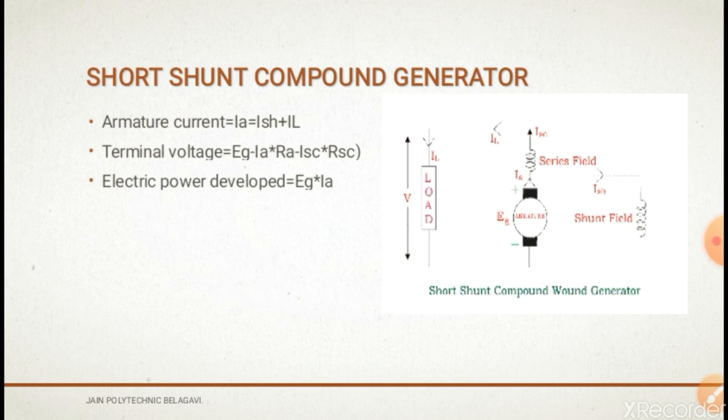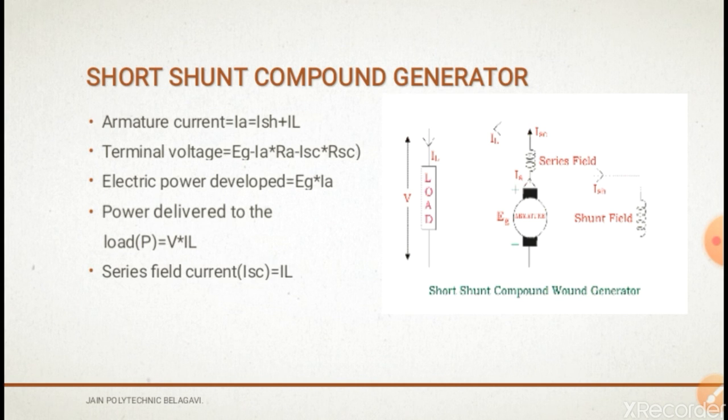So electric power which is developed in this generator is Eg into Ia and the power which is delivered to the load is given as V into IL. As we know that the series field current is given as Isc equal to IL. So shunt field current is given as V plus Isc into Rsc divided by Rsh.